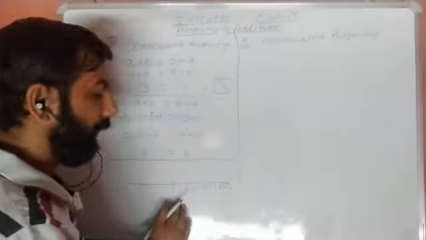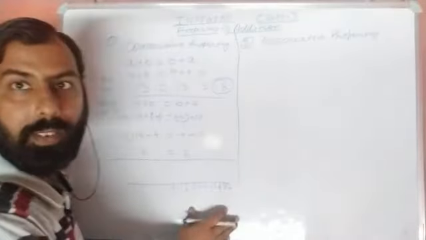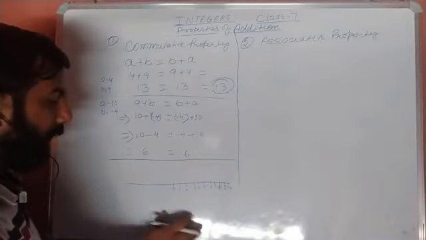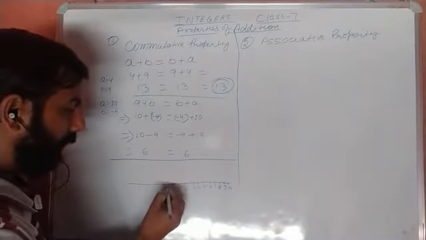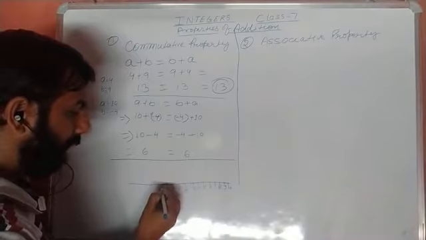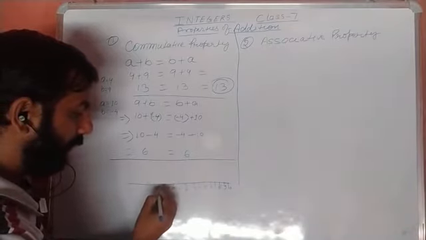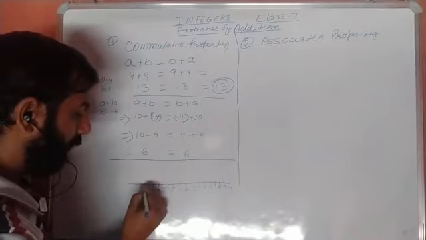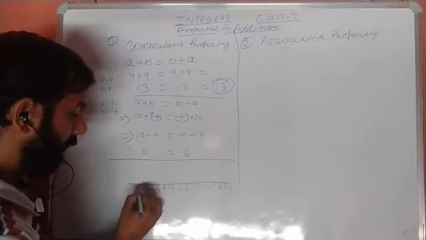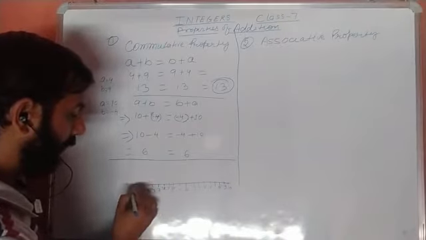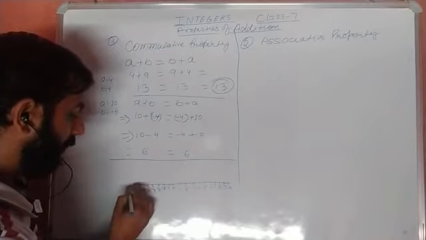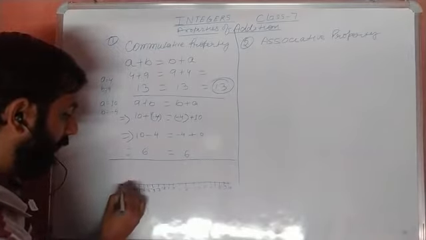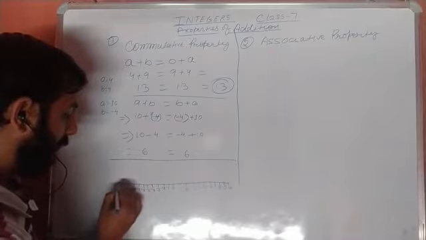The right side will be all the positive integers, and the negative side will be all the minus: minus 1, minus 2, minus 3, minus 4, minus 5, minus 6, minus 7, minus 8, minus 9, minus 10.